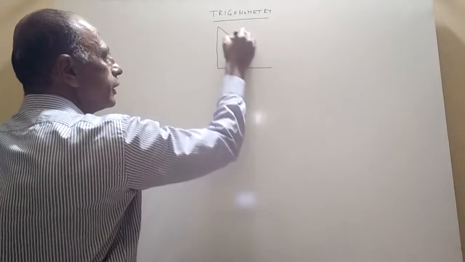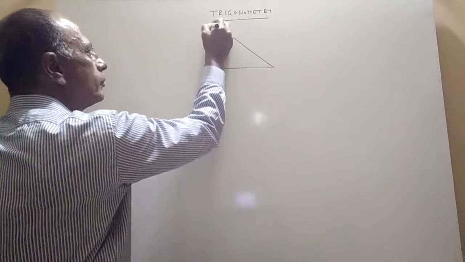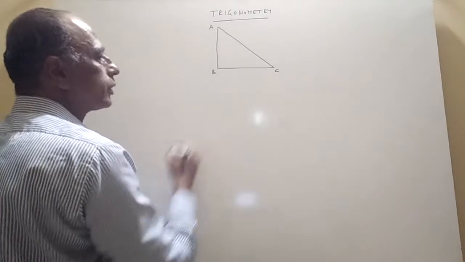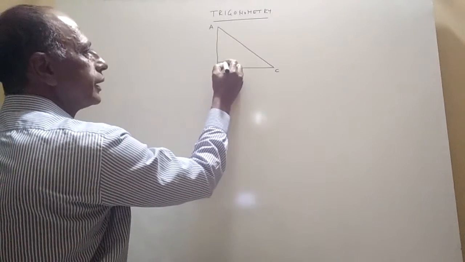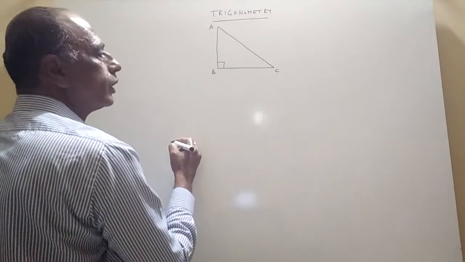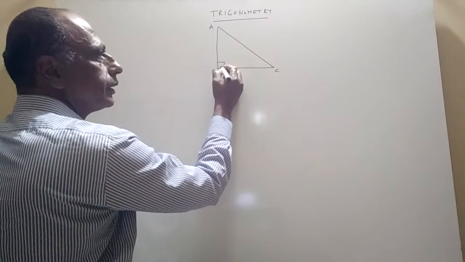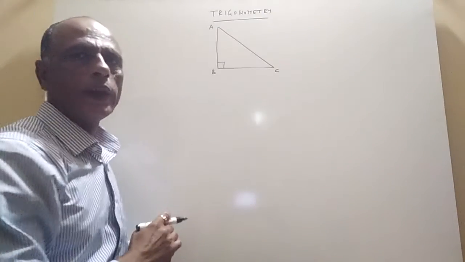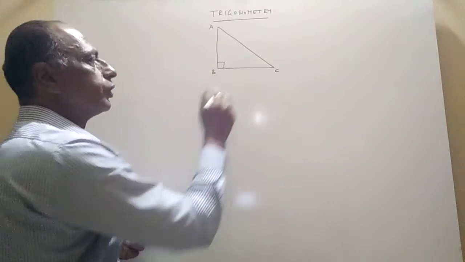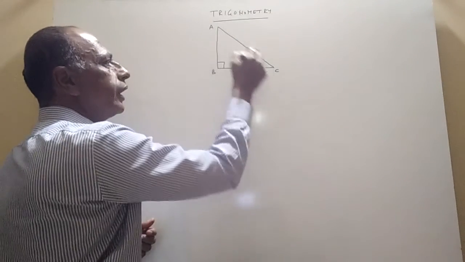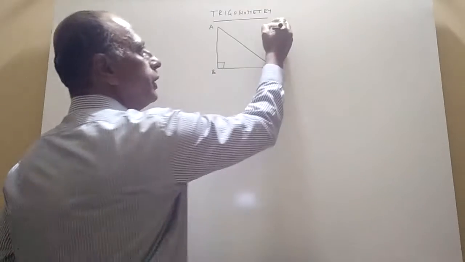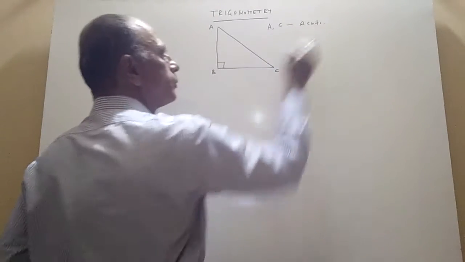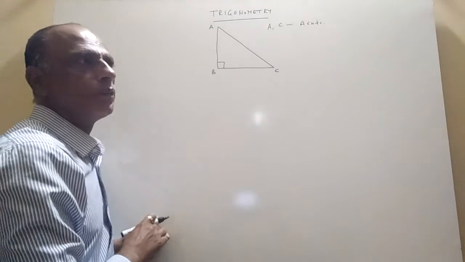Let's take right angle triangle ABC, in which vertex B has a right angle, and since sum of angles of a triangle is 180 degree, therefore angle A and angle C will be acute angles because angle B is already a right angle.